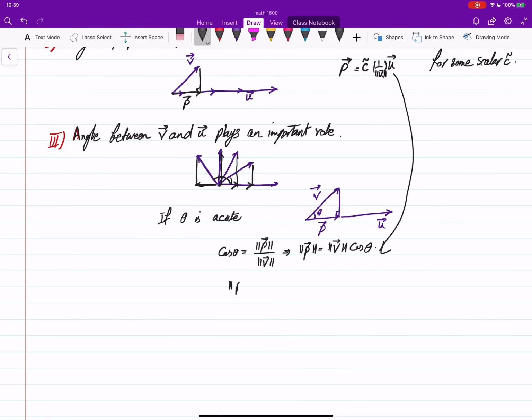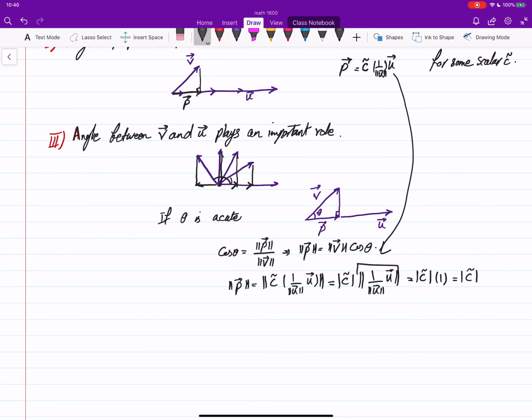We know that P is of the form C tilde times 1 over length of U times U. And then the property of length says that the absolute value of C will come out, and then we will have the length of U over length of U. So this is a unit vector, so that means that we have the absolute value of C tilde times 1. And that's the absolute value of C tilde.